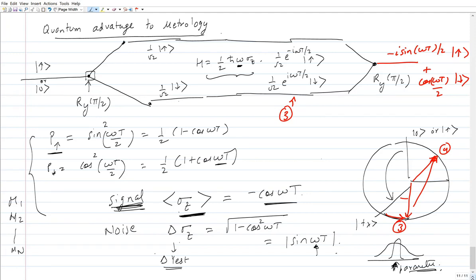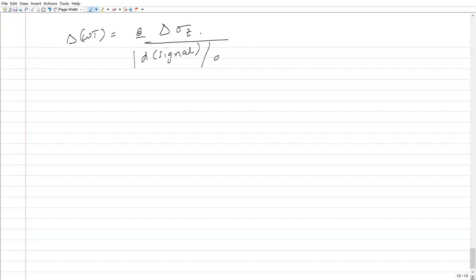So after converting that particular thing, taking into account the units, what do I get? I get the variance is essentially whatever my noise was, or the variance of the estimate, divided by our derivative factor, d signal over d omega t.